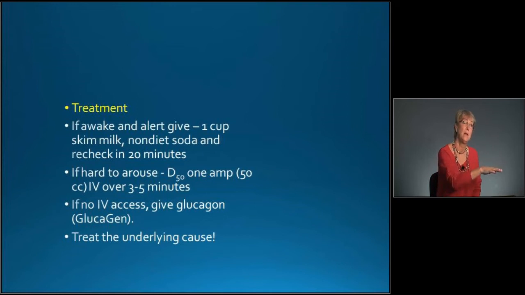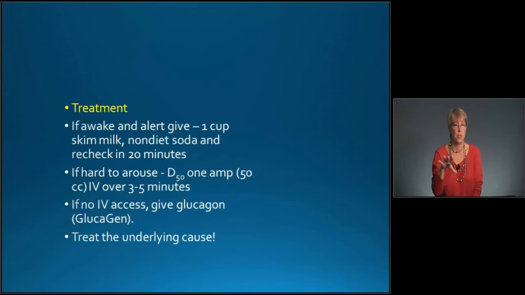We've assessed, done a little diagnostic test, maybe with an Accu-Chek. Their blood sugar is very, very low. So now it's time to implement an intervention and treat that hypoglycemia. If they're awake and alert, probably going to give them a cup of skim milk or a non-diet soda and recheck in 20 minutes.